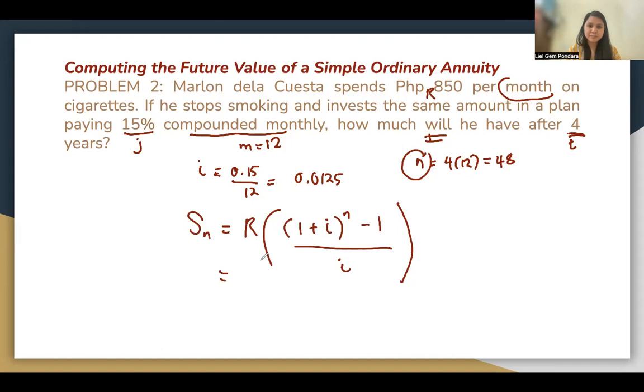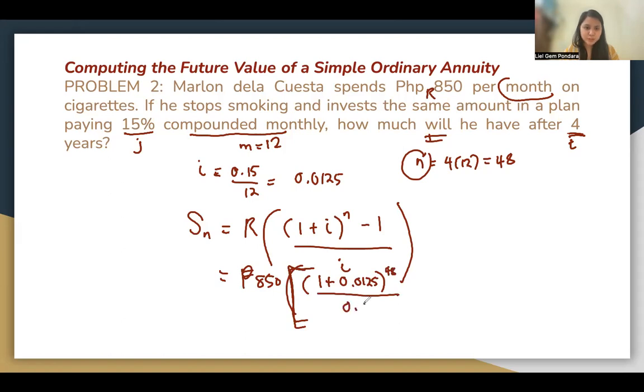Okay, so we solve. That's 850 times 1 plus 0.0125, to the power of 48, minus 1 on top, over 0.0125. Okay, what's the answer?